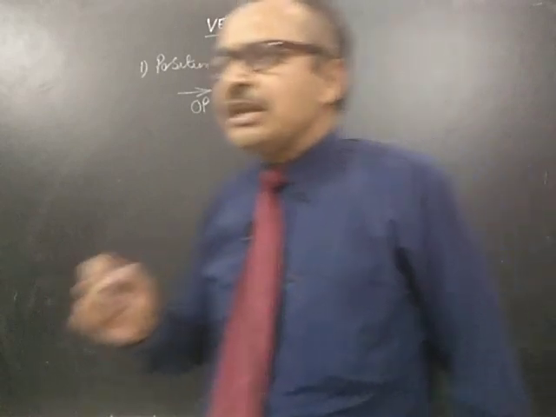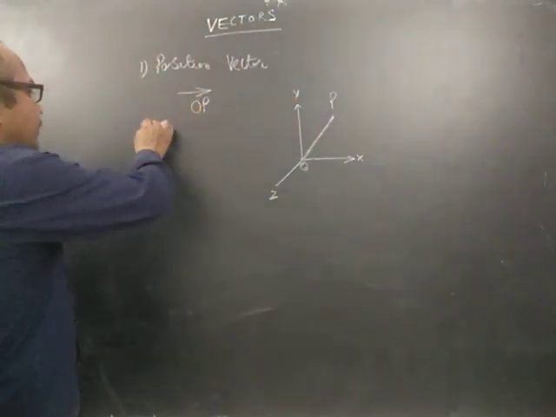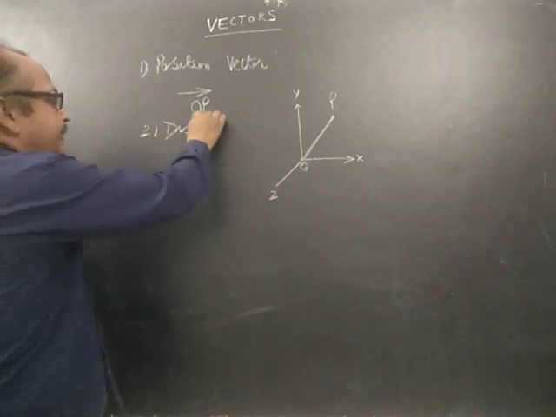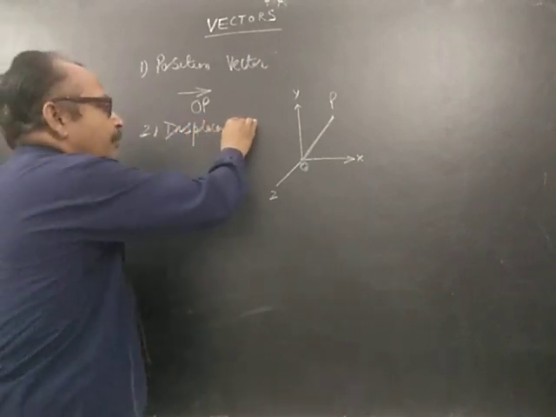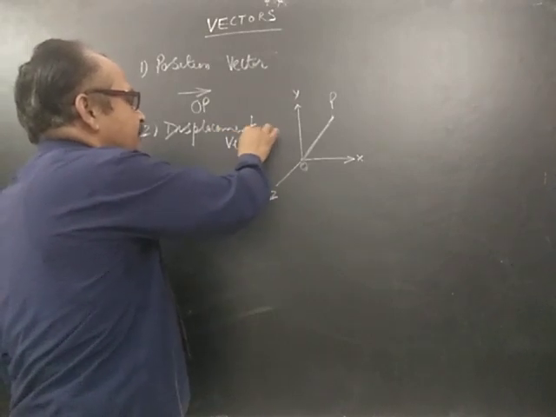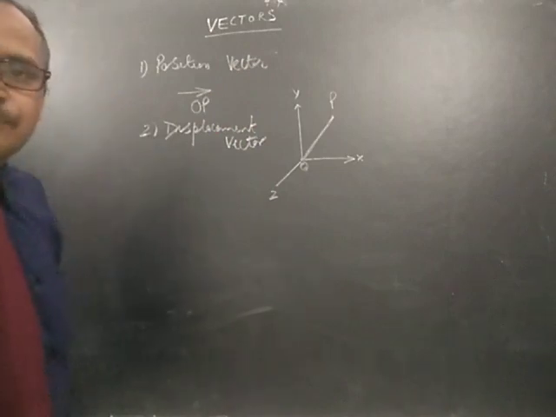Good. Now the second type of vector which we are going to talk about is called the displacement vector.